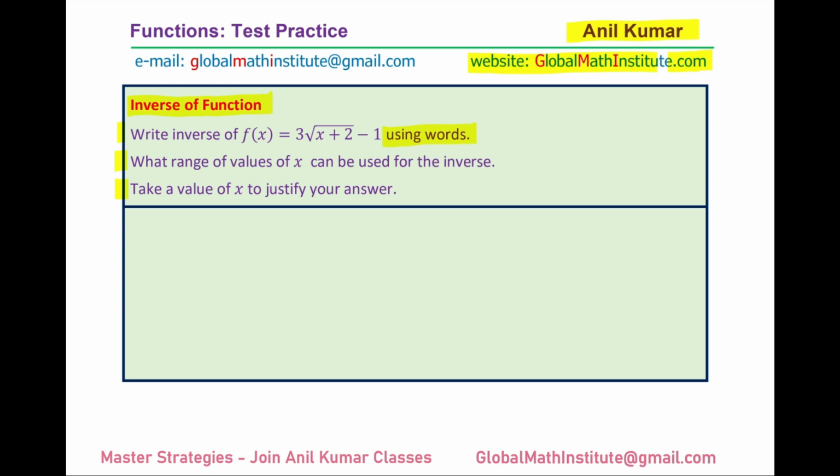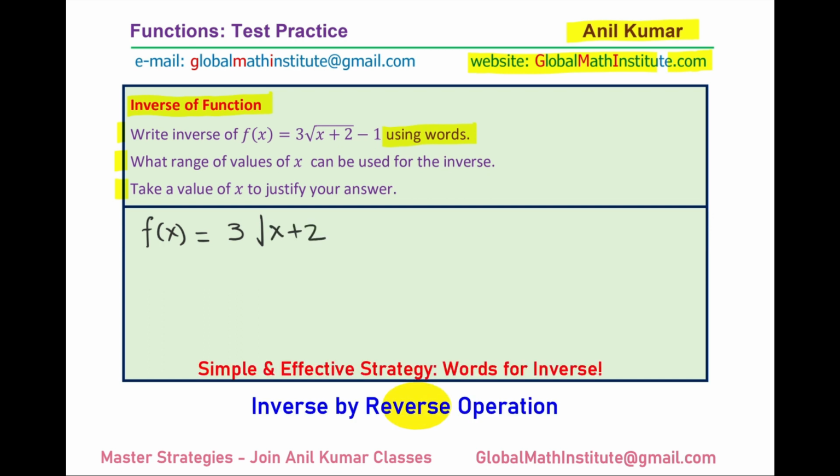We are given the function f of x equals 3 times square root of x plus 2, minus 1. We need to find the inverse of this function, correct? And that too using words. How will you do it? Let's try to understand the operations being performed, and then we are going to do reverse operations.